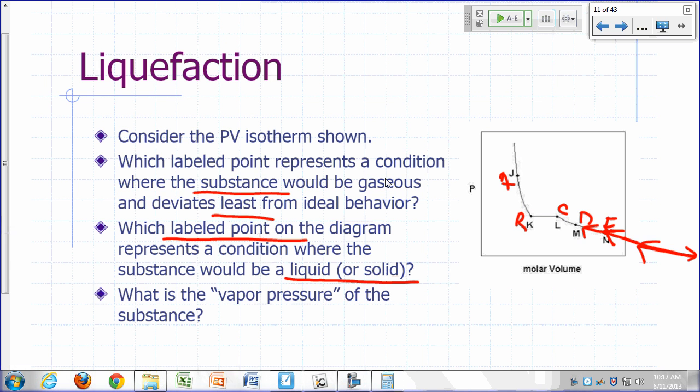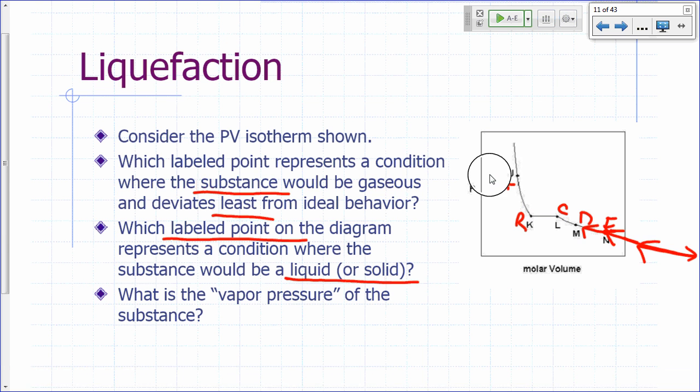Why point A? Remember we said that as you shrink the volume, the pressure is going to go up. Eventually, it reaches a point where the pressure levels off even if you keep squeezing it, because the gas molecules go into a solid or liquid.